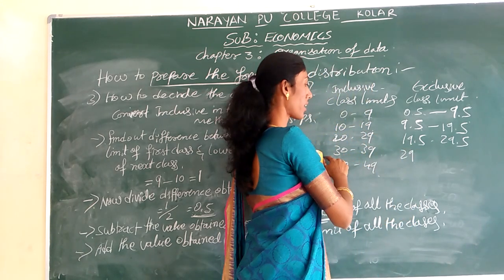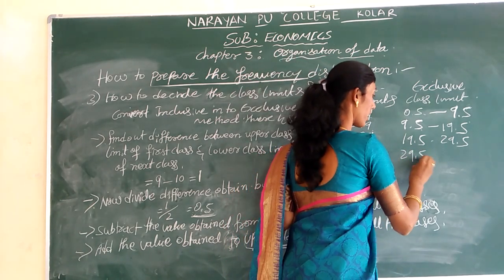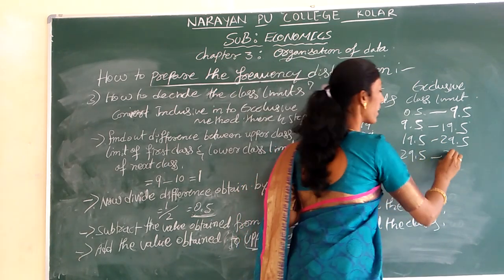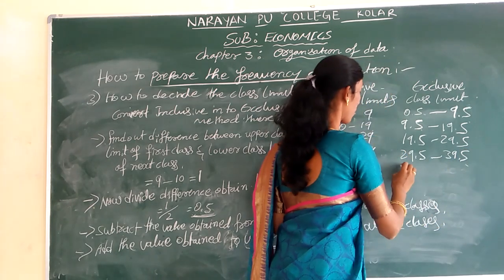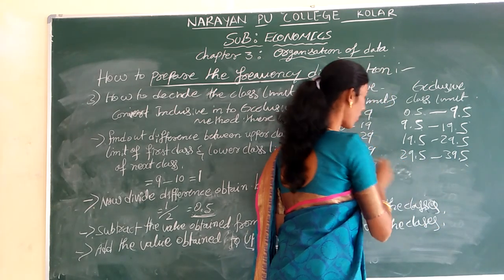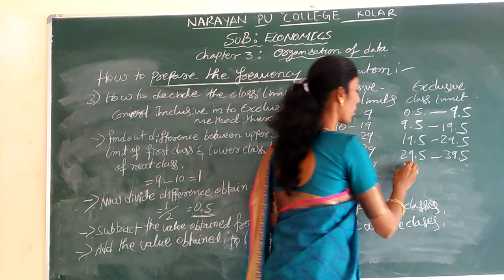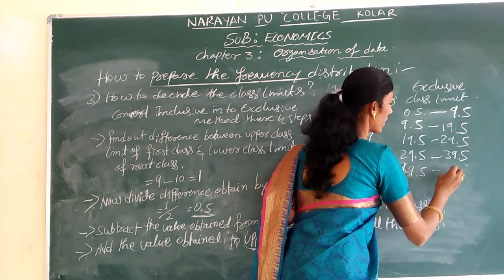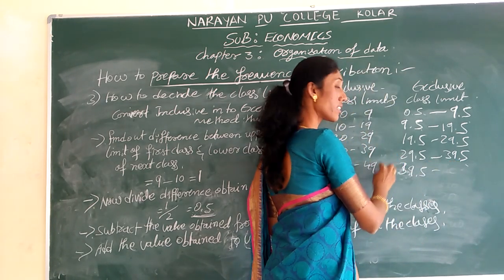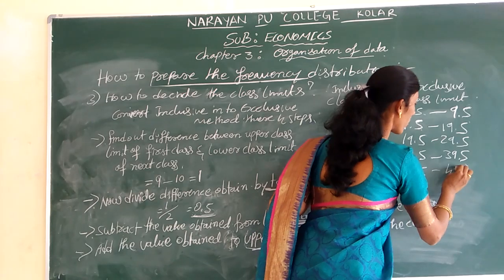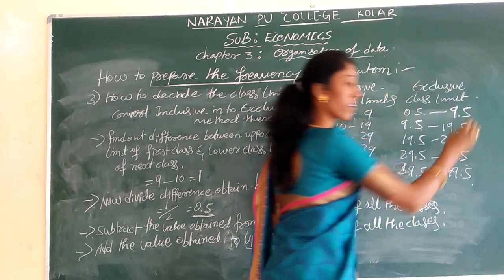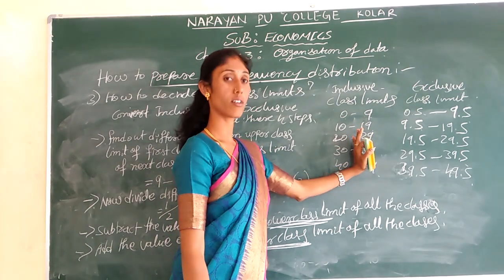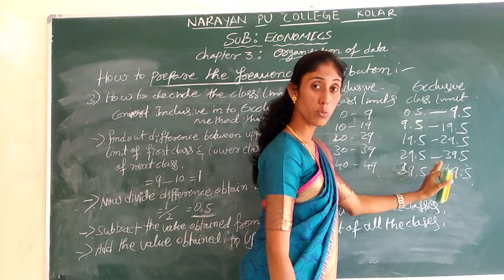Again, 30 minus 0.5 gives 29.5, and adding 0.5 to 39 we get 39.5. 40 minus 0.5 gives 39.5, and here 49 plus 0.5 gives 49.5. This is how we convert this inclusive method of class limits into an exclusive method.